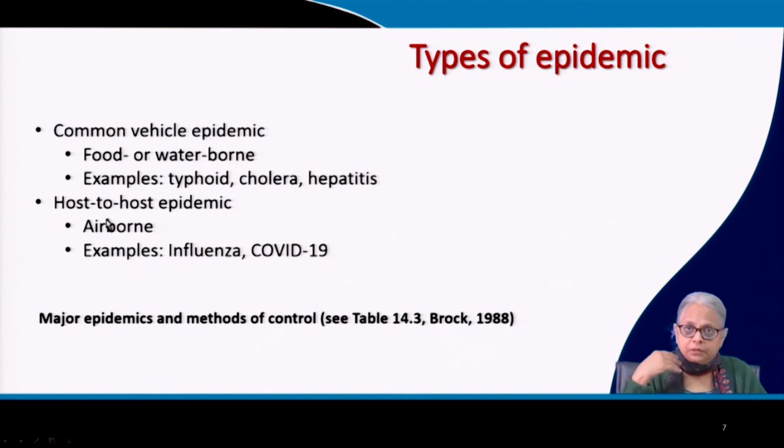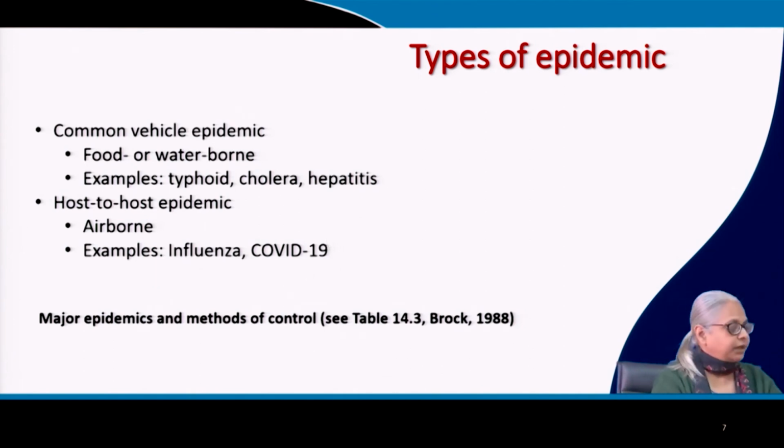Regardless, it's coming into the air either through nasal droplets or through droplets from the mouth and so on. Whatever the carrier is, it's whatever is present in the air, and with it may be direct contact or contact with these droplets. Either way, this is host-to-host epidemic, and influenza also fits into the same scheme of things.